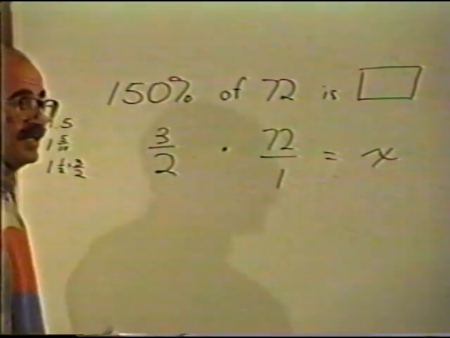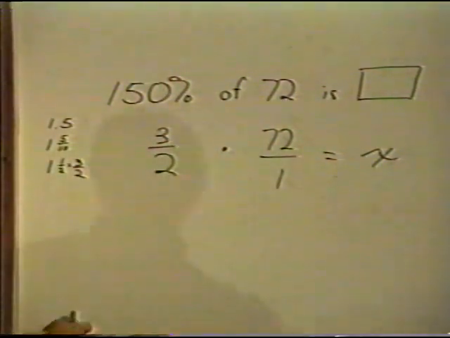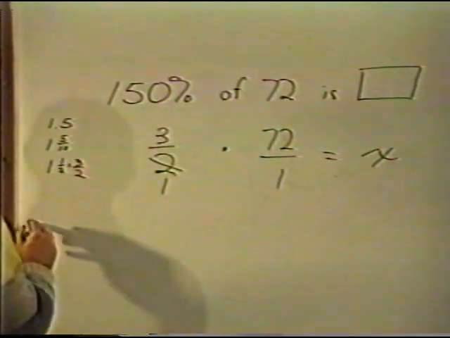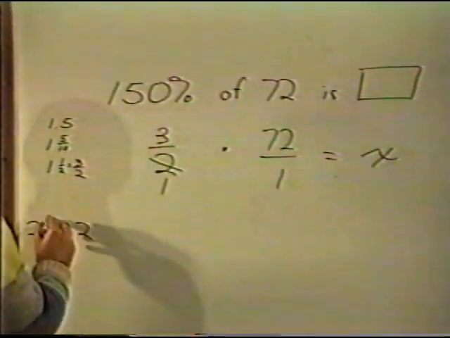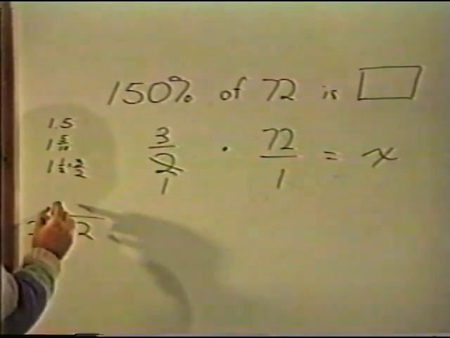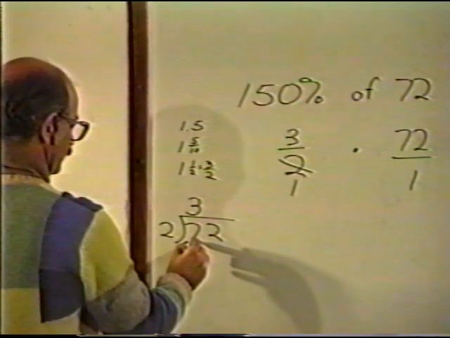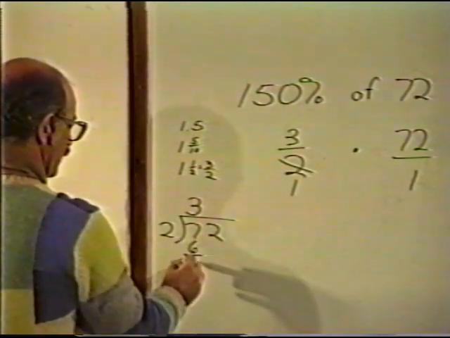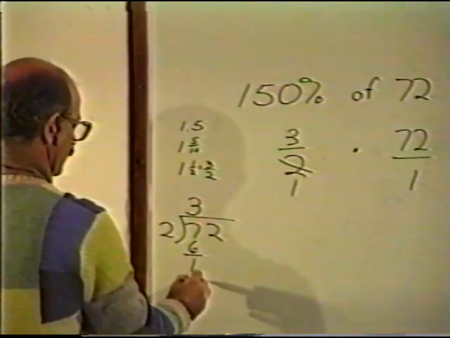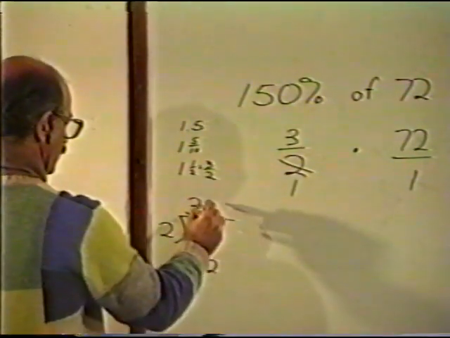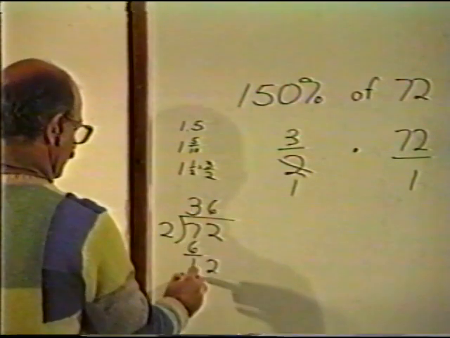Can we cancel? Yes. 2 into 2 is 1. 2 into 72. 2 into 7? 3. 3 times 2 is 6. 7 take away 6 is 1. Bring down the 2. 2 into 12? 6. 6 times 2 is 12.